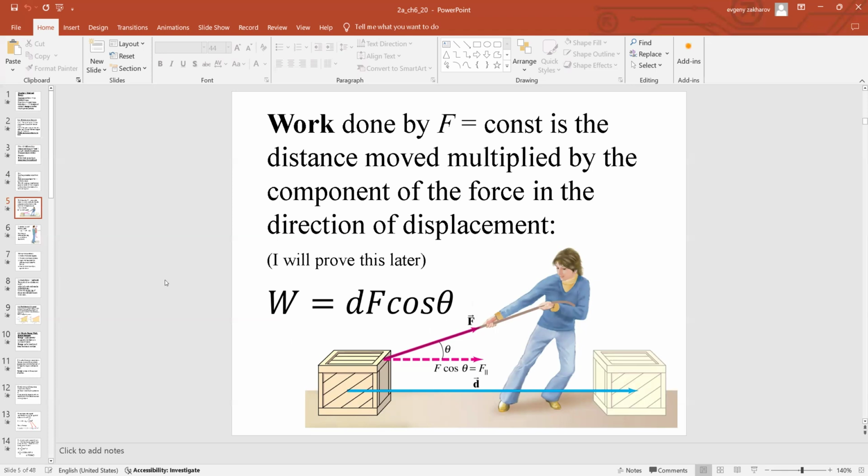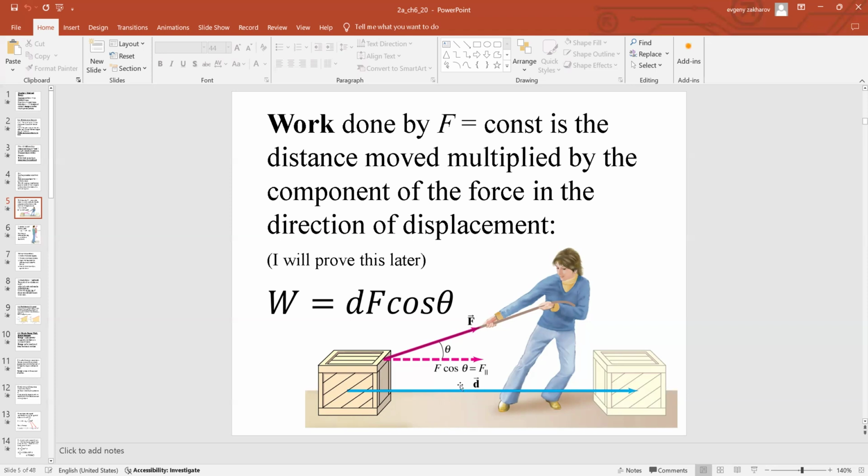So here's an example of pulling a crate. A lady is trying to pull the crate, and the force is clearly a tension in the cord. And see, this is the angle I'm talking about, angle theta, because you have the force along the cord. That's your definition for tension force. And then you have displacement. The crate moves horizontally. That's the initial, that's the final position. Displacement is final take away initial.